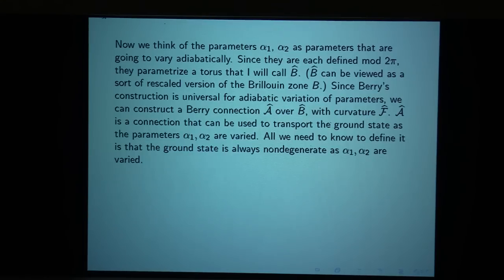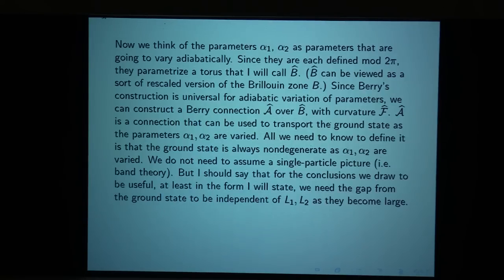So as a function of 2 parameters, more or less for any system, the ground state will be non-degenerate. We don't need to assume a single particle picture to define this macroscopic Berry connection. But I should say that for the conclusions we draw to be useful, at least in the formal sense, we need the gap from the ground state to be independent of L1 and L2 as they become large.